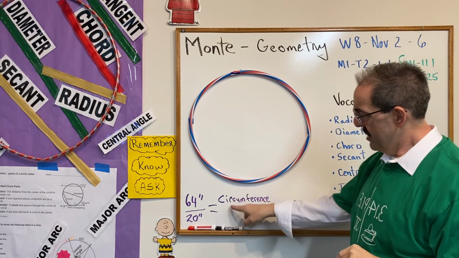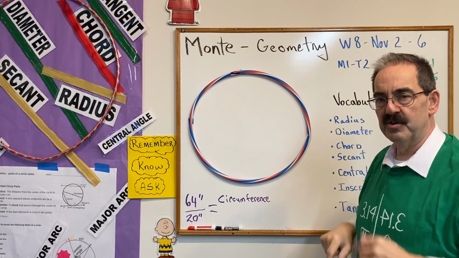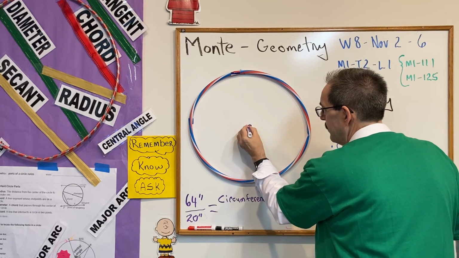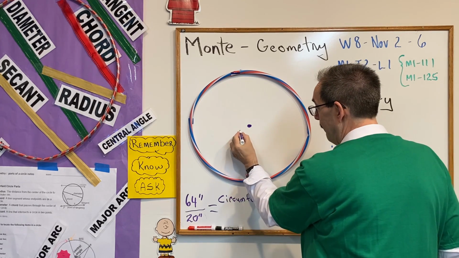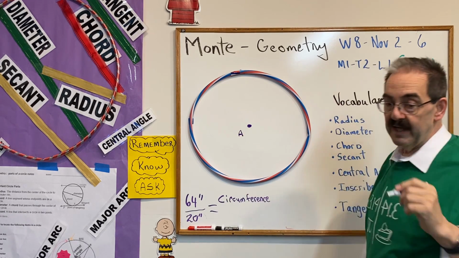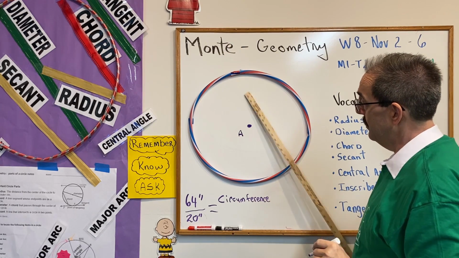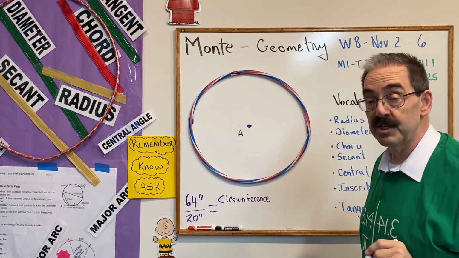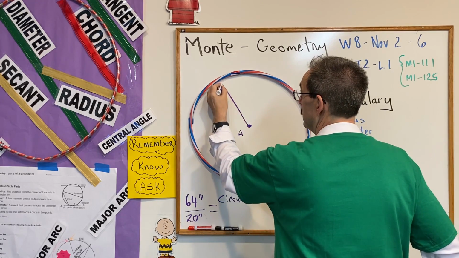Okay, now I want to put a center in the circle. So we'll put a little center right there, and we're just going to use the whole alphabet here. We'll call that point A. Okay, next thing we want to do is draw a line from the center to the edge, and that's called a radius. Okay, so draw a line up there.